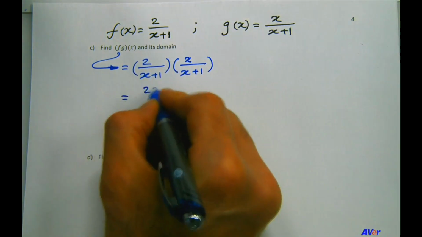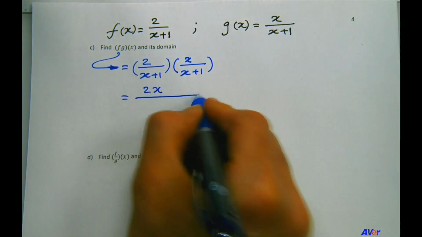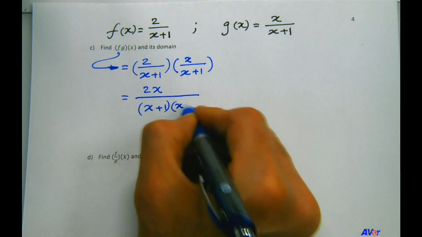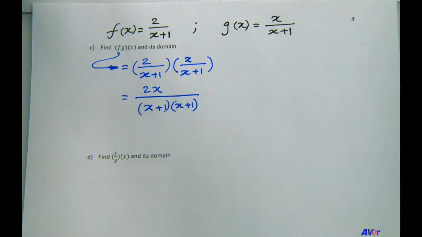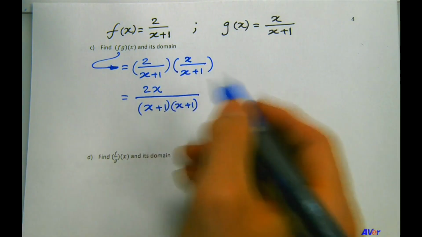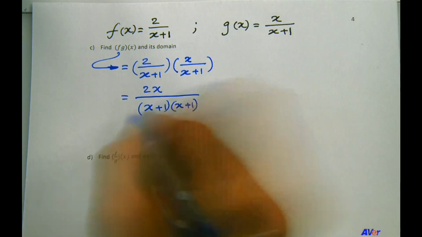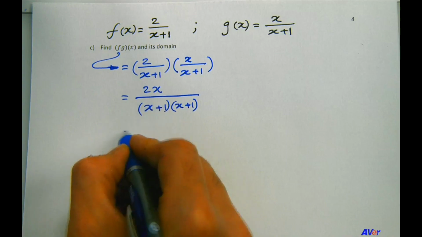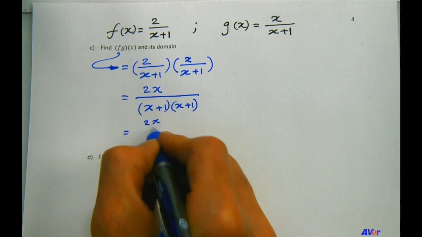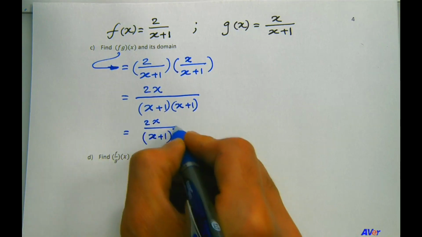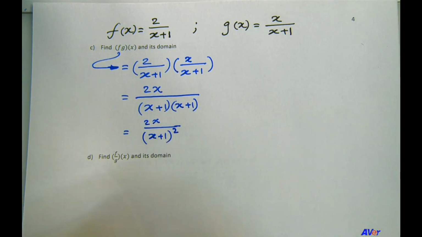What do we end up with? We end up with 2x divided by x plus 1 times x plus 1, right? And this is factored form, but we can rewrite this as 2x over x plus 1 squared. So the combined function is that.